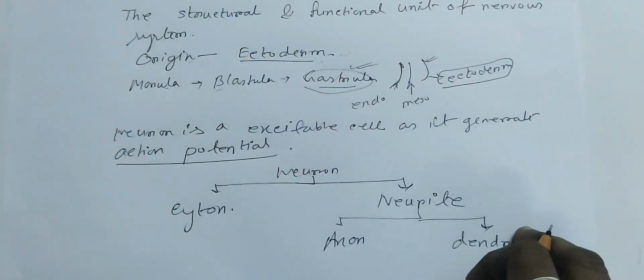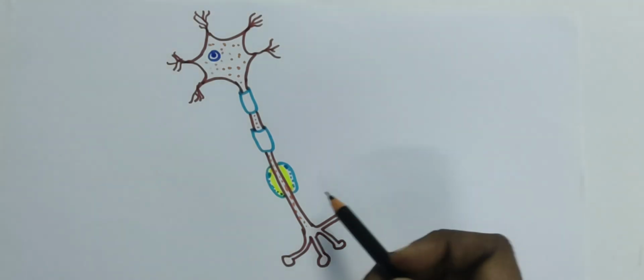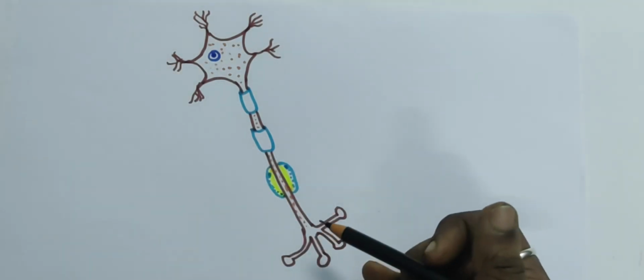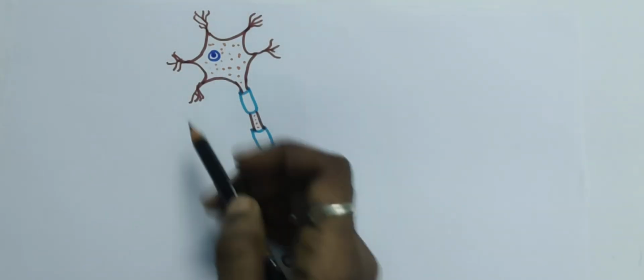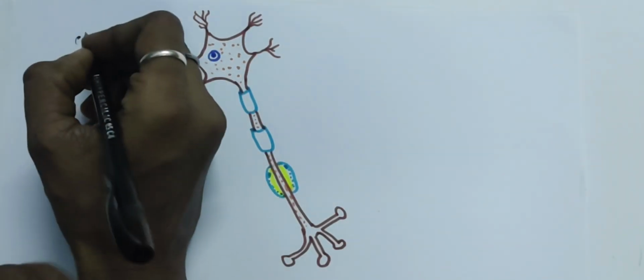Now let us go into detail through the diagram. So here is the structure of the neuron. This is the cell body.